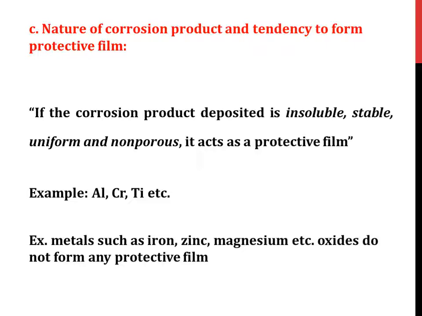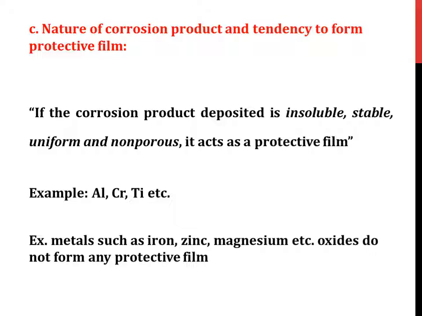If the corrosion product deposited on the metal surface is insoluble, stable, uniform and non-porous, then it acts as a protective layer and prevents further corrosion of the metal. If the product formed is soluble or unstable, non-uniform and porous, then what happens? The metal surface is exposed for further attack and corrosion takes place continuously.